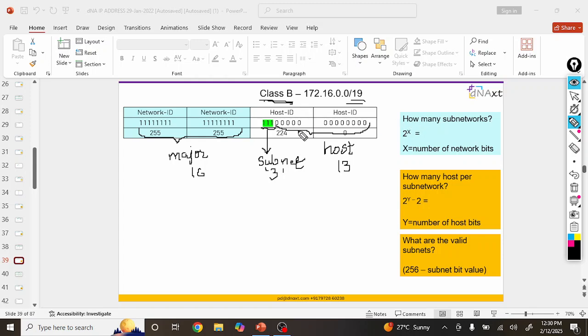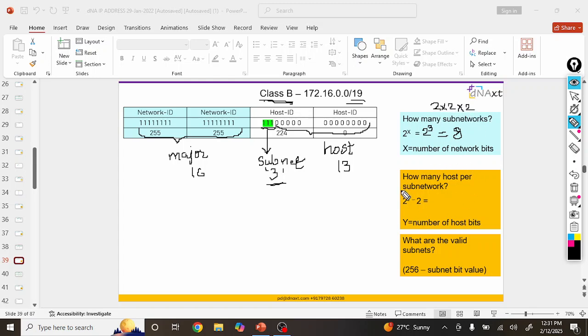So x means how many subnetworks? 2 to the power x, where x is the number of subnet bits. We have 3 subnet bits, so 2 to the power 3 is 2 into 2 into 2, which is 8.